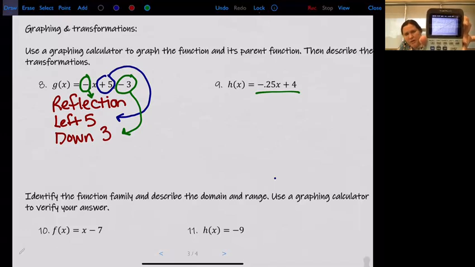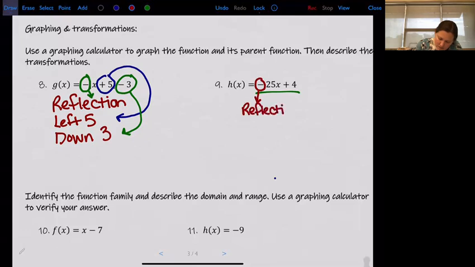Well, what happens here? Instead of having a positive slope, I now drop from left to right. So I have a negative slope. So I'm going to say it reflected. And remember, this negative right there is our reflection. The 0.25 is in that slope position. So that is our stretch or shrink.